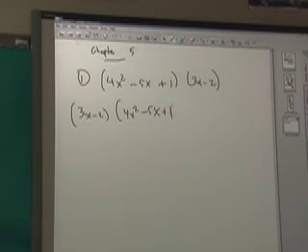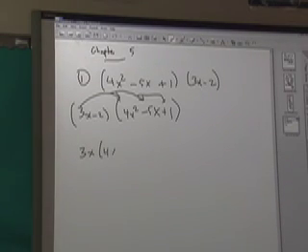All right, and superfoil. That's going to be 3x times 4x squared, and then 3x times negative 5x, and 3x times 1.